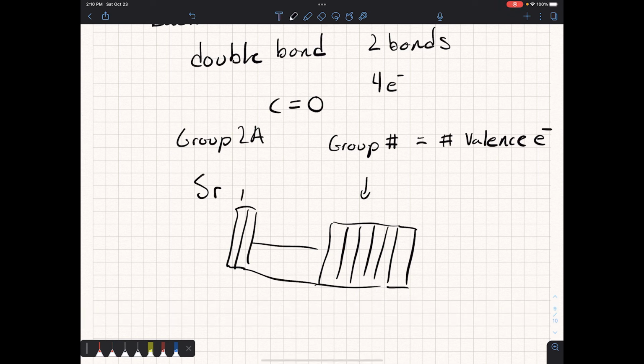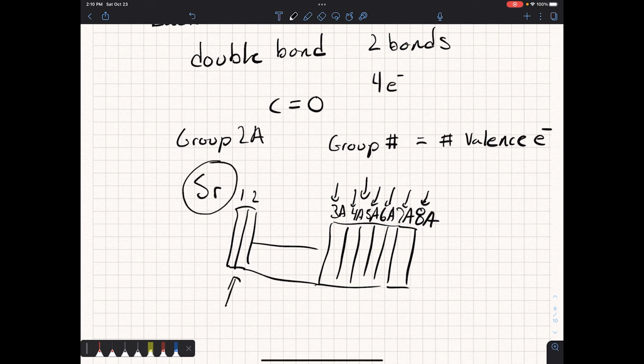There's 2 columns over here, 1, 2, 3A, 4A, 5A, 6A, 7A, and then 8A. Kind of ran out of space a little bit there, but that's the idea. These numbers are also the number of valence electrons. So strontium is over here in column 2, or group 2, so we have 2 valence electrons.